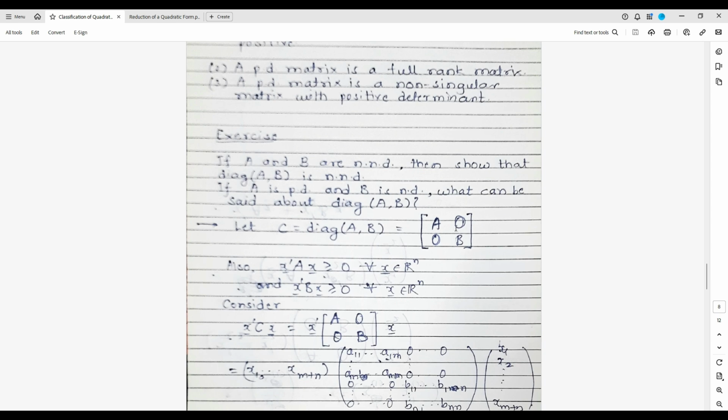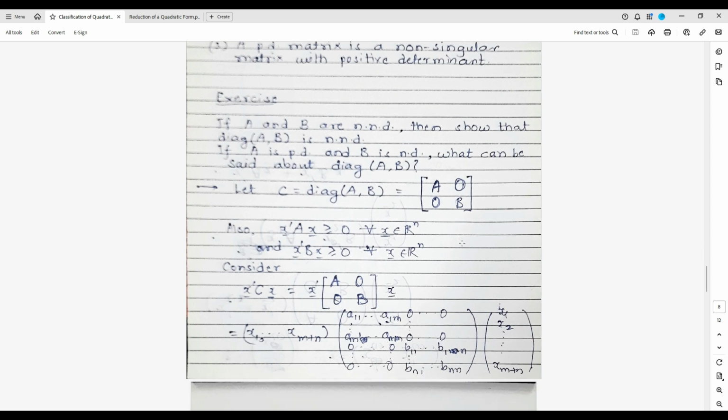So this will be a 0 of order M cross N, this will be a 0 of order N cross N. In short, you can create matrix C as a square matrix by putting A and B like this, and the rest of the elements are put as zeros. Without loss of generality, we are assuming that matrix A is of dimension M by M and matrix B is of dimension N by N.